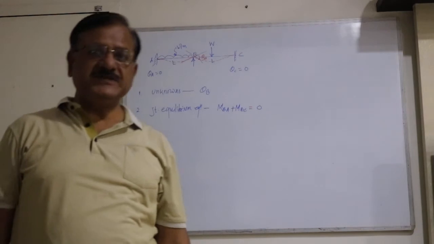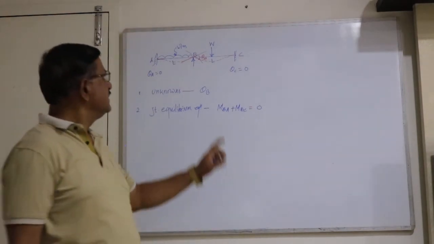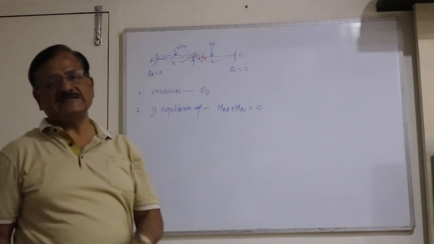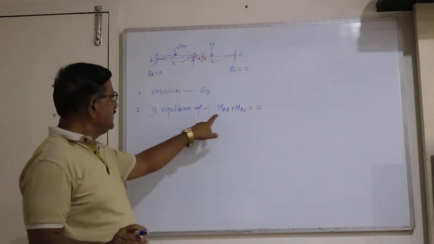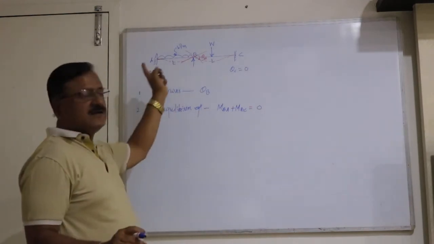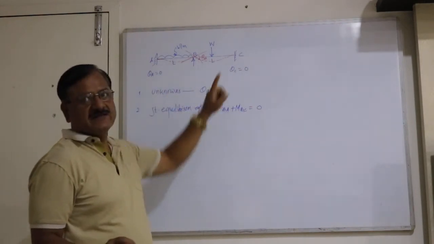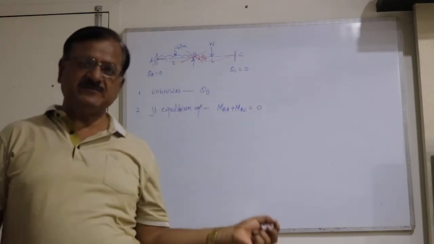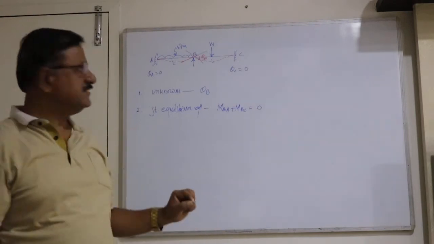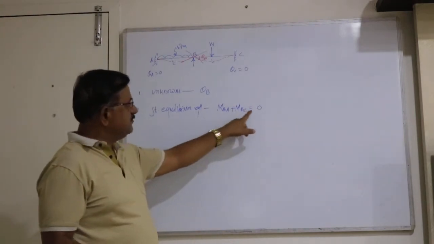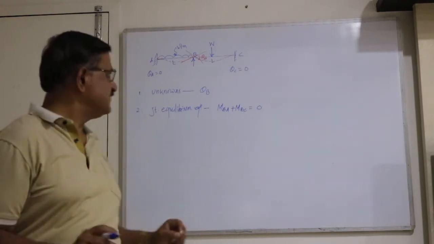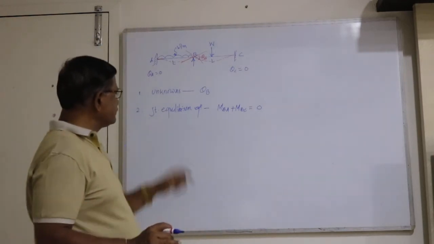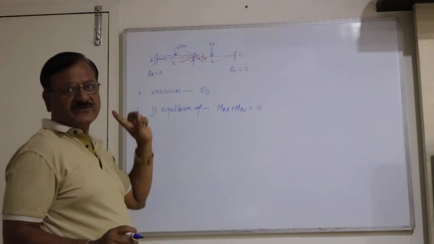Because joint B must be in equilibrium, the resultant bending moment at continuous joint B must be 0. At B for span BA, at B for span BC, so MBA plus MBC must be equal to 0. The equilibrium of joint must be satisfied. So one unknown, one equation.